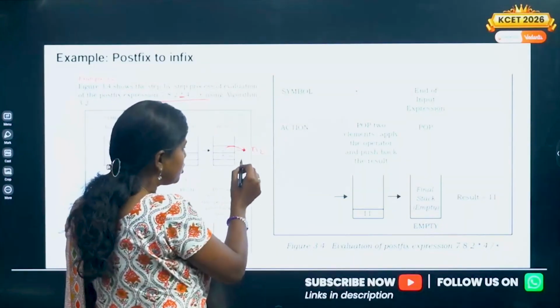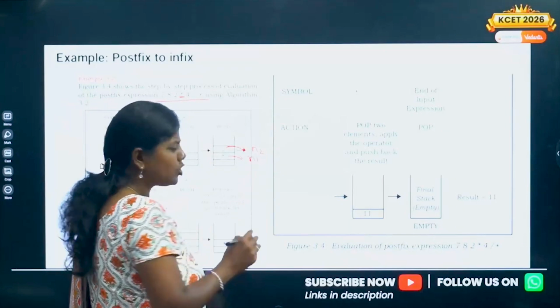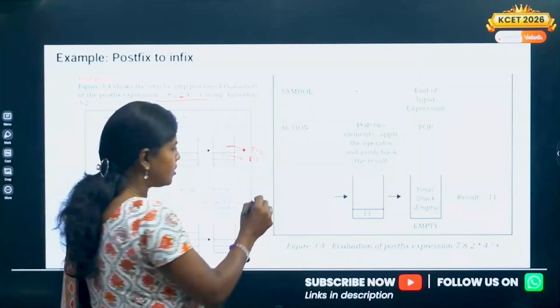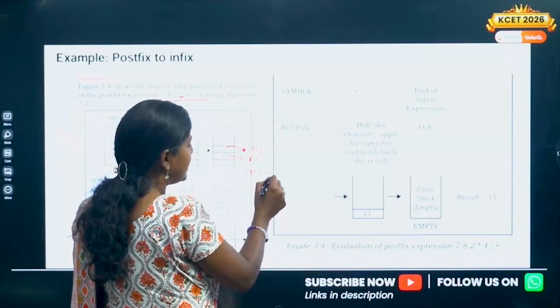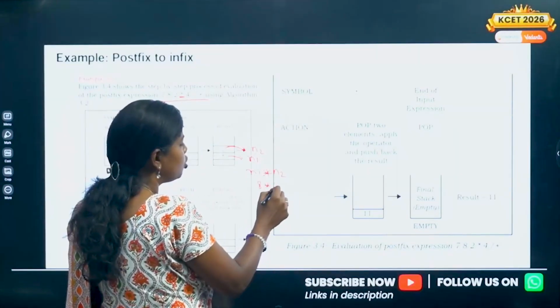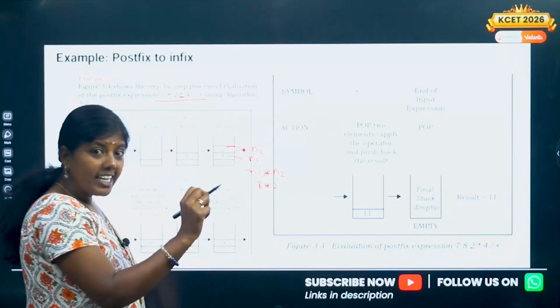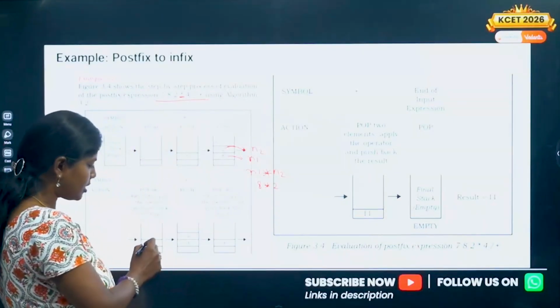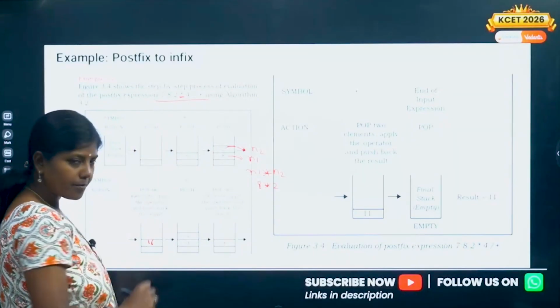The next popped value will be stored in N1. This is not in the algorithm; I'm writing it to make it easy for you to understand. Now perform the operation: N1 star N2, that means 8 star 2, which is 16. You got the result, so push it to the stack again. 16 and 7 are there.